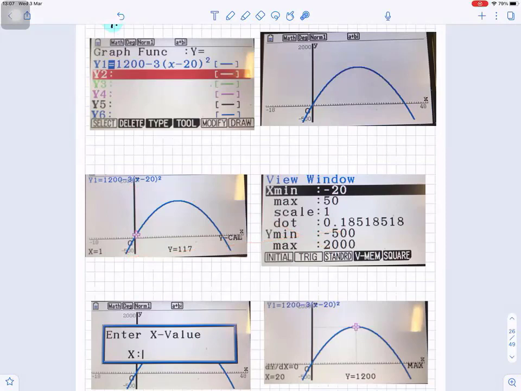And you can see that the maximum value is 1,200. You can enter an x value to find the y value. So the maximum is 1,200 when x is 20. That shows you visually what you were doing.